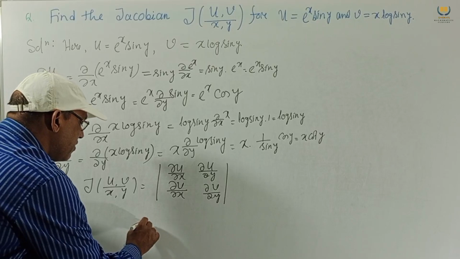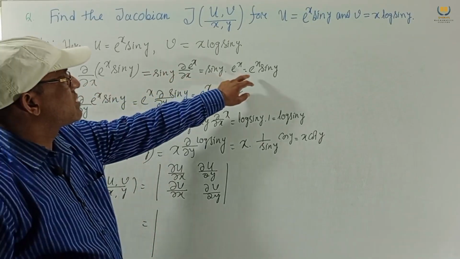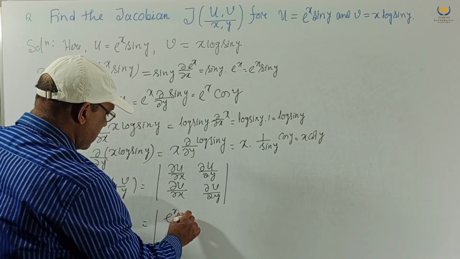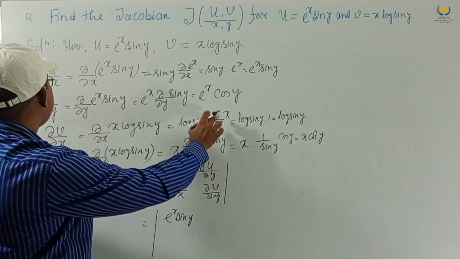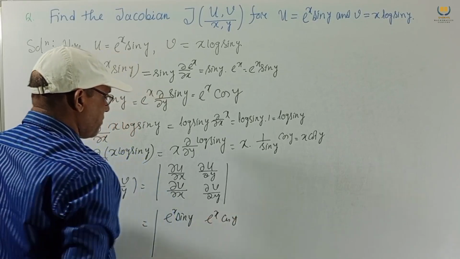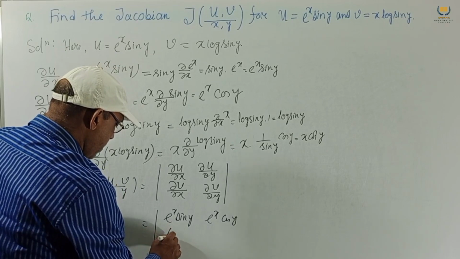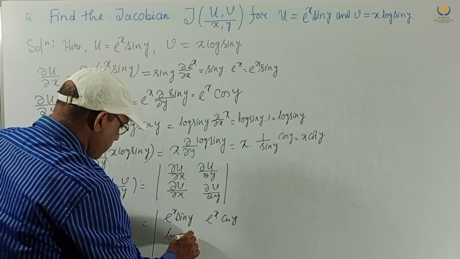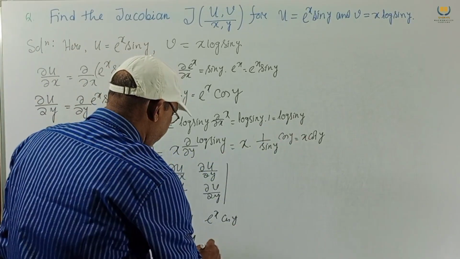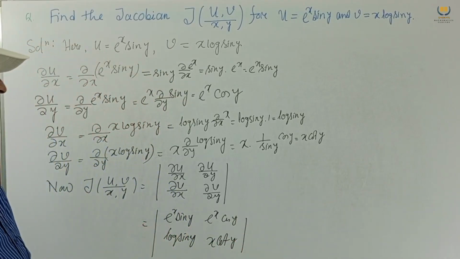Now putting in the ready-made values: ∂u/∂x means e to the power x sin y. ∂u/∂y is e to the power x cos y. ∂v/∂x is log of sin y. ∂v/∂y is x cot y. We get these are the values.